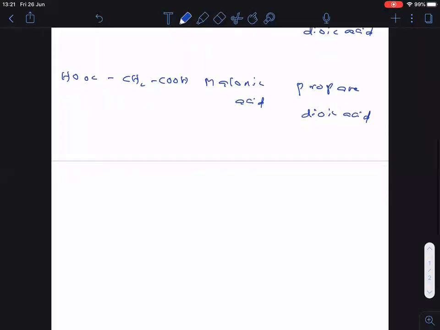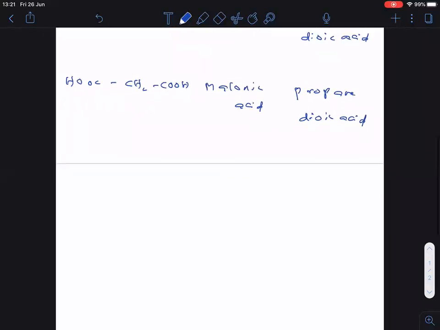Now, if the COOH group is present on the benzene ring, then its common name and IUPAC name are both the same. That is benzoic acid.